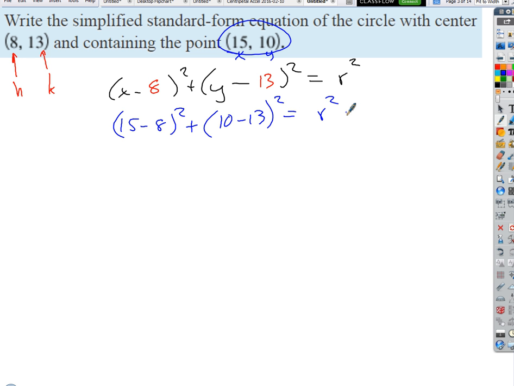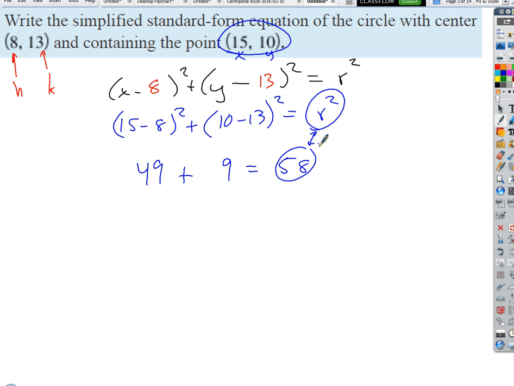So what's 15 minus 8? 7. Squared? 49. What's 10 minus 13? Squared? 9. 49 and 9 is 58, so 58 is r squared, right?